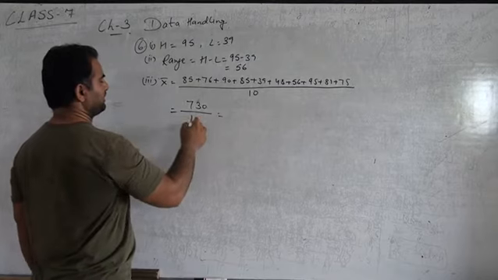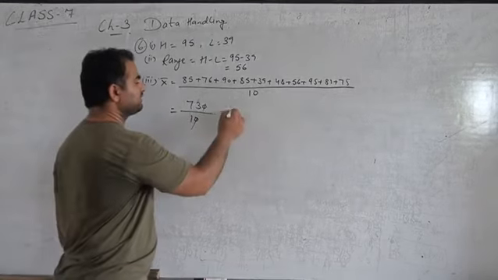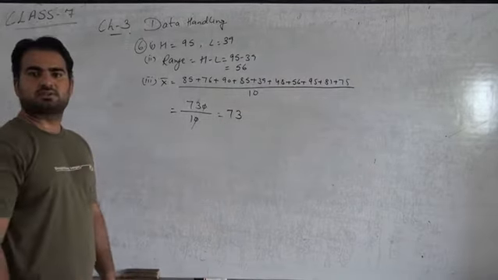Okay, and then 730 upon 10 will be 73. This is the mean of question number 6, third.